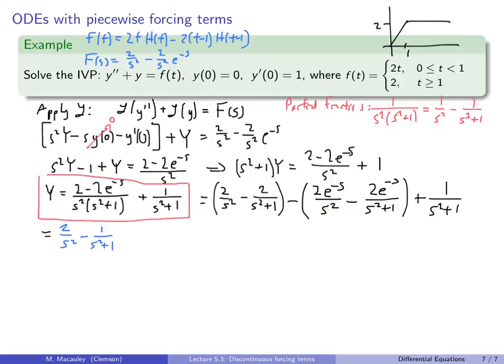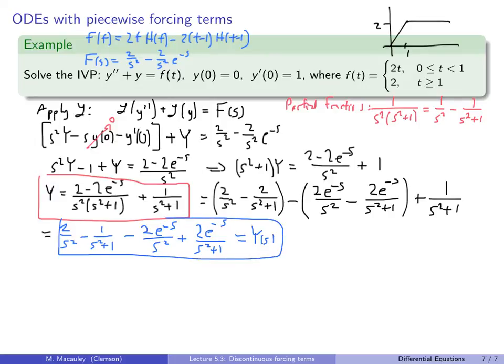Those are straightforward. So then we have minus 2e to the minus s over s squared, and then plus 2e to the minus s over s squared plus 1. Okay? So now this is y of s. I can actually box this because this is more important than the previous thing that I boxed. This is it broken up into terms that we can handle.